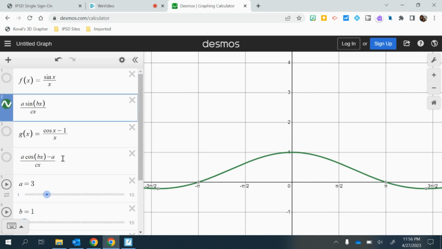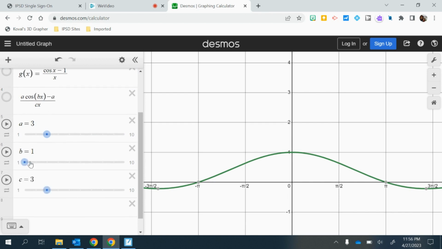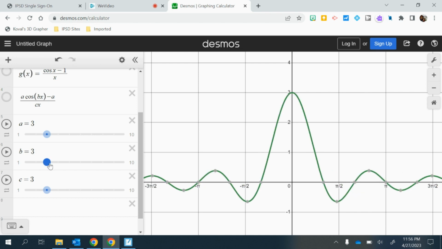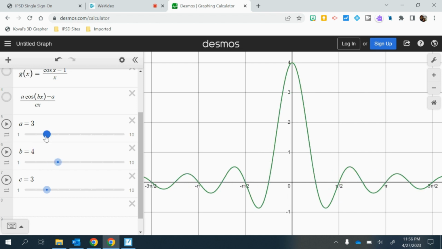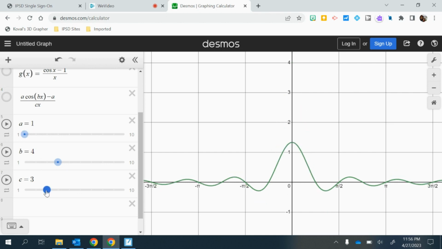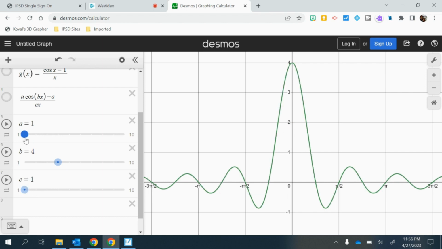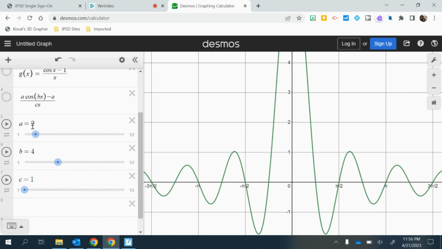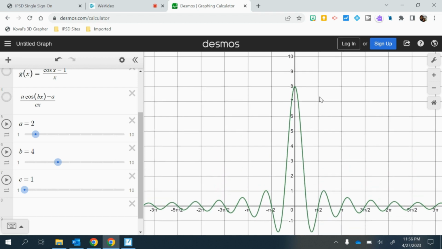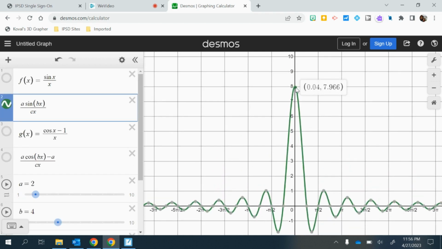But now what happens if I change the angle? If I multiply the angle by something, it actually changes what's happening as well. This is kind of interesting. Notice I have a is 2, b is 4, and c is 1. This looks like it approaches 8. So there's a lot of interesting stuff going on here.